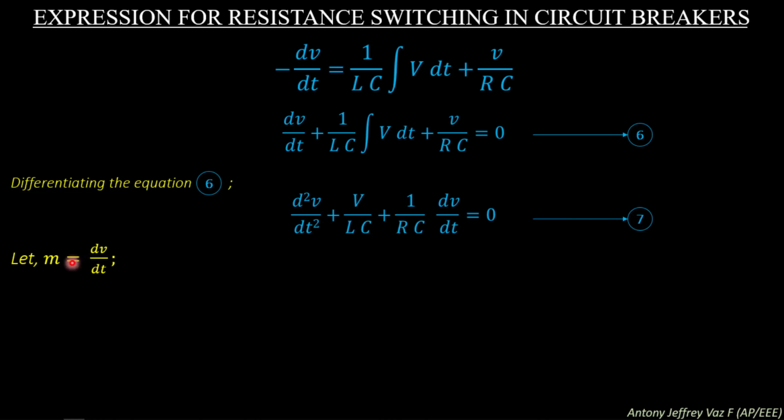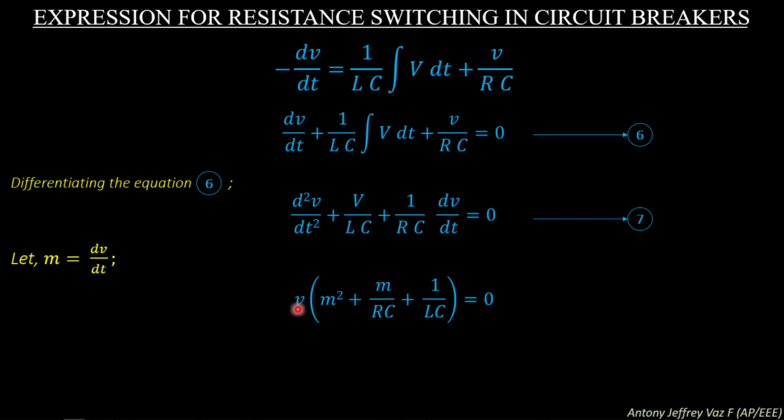Now let m be equal to dv by dt. So we are going to substitute m for dv by dt. Before that, we are going to make two steps. First, we are taking V as common from equation 7.